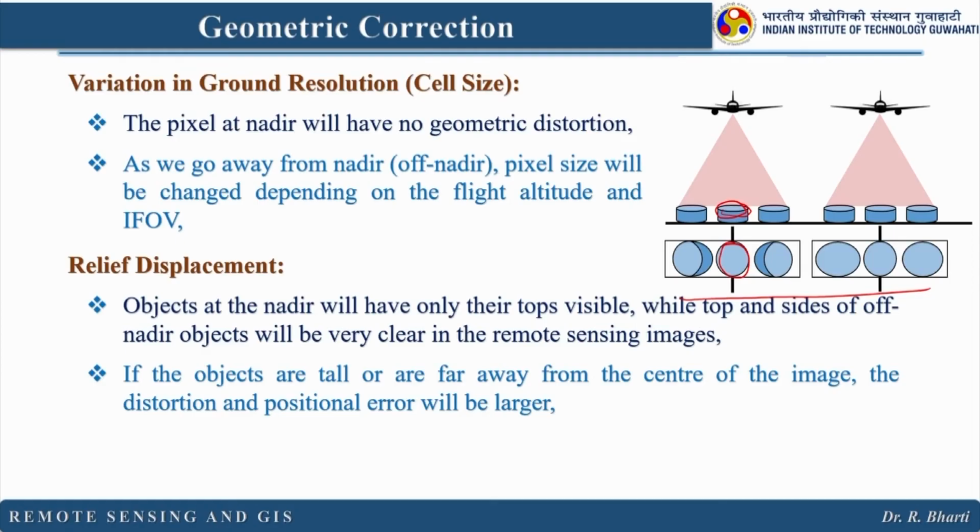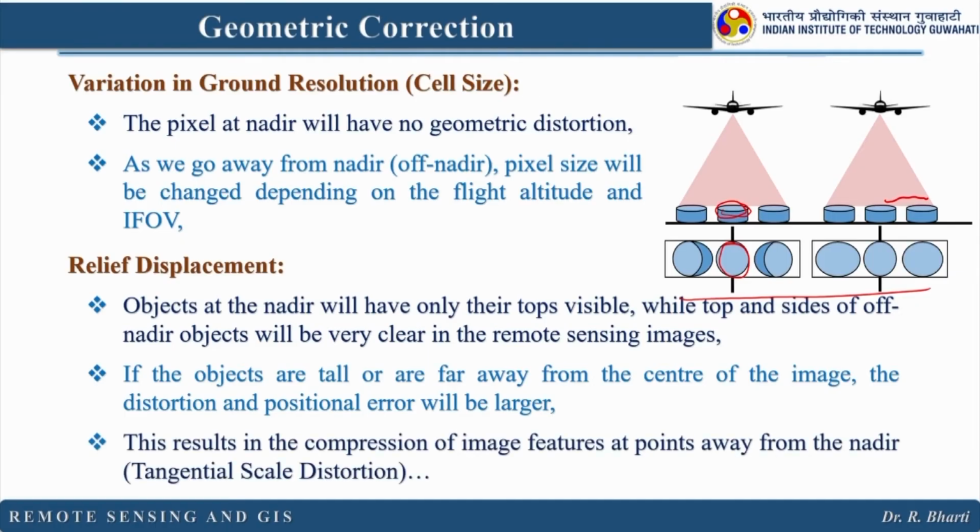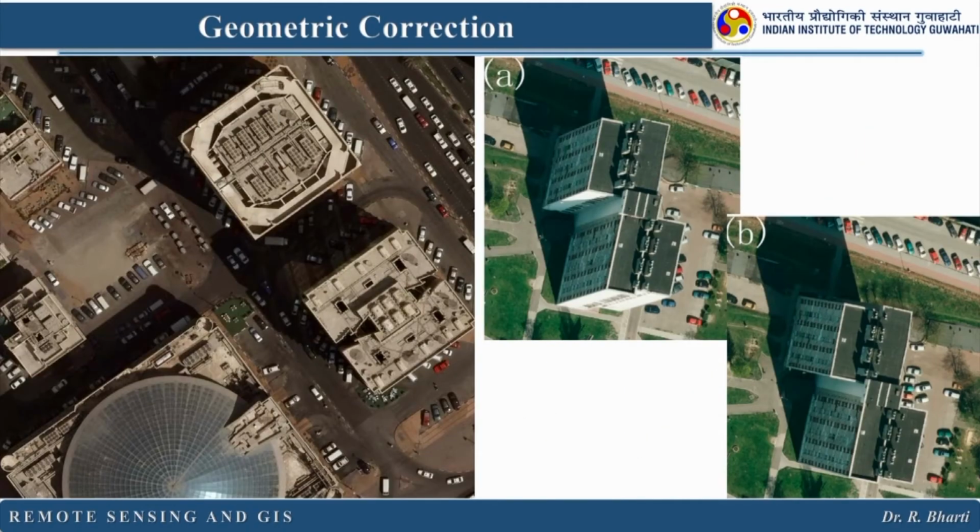Why? Because as you go away from the nadir, you will have more error. This results in the compression of the image feature at points away from the nadir, which is known as tangential scale distortion. This is the example I have showed you earlier, and this also explains the same logic, right.